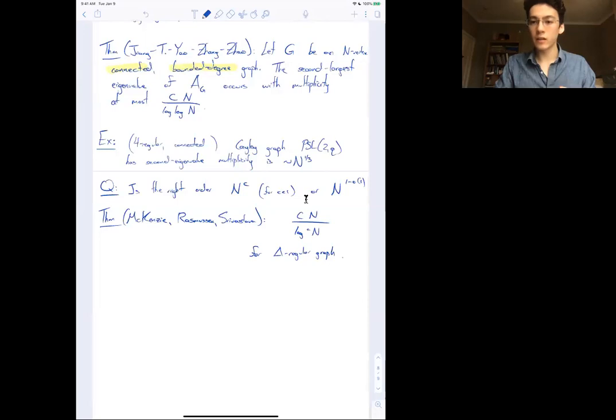Yeah, that's a great question. So I don't know exactly. I guess in general, I have no idea what the right answer should be for second eigenvalue multiplicity.